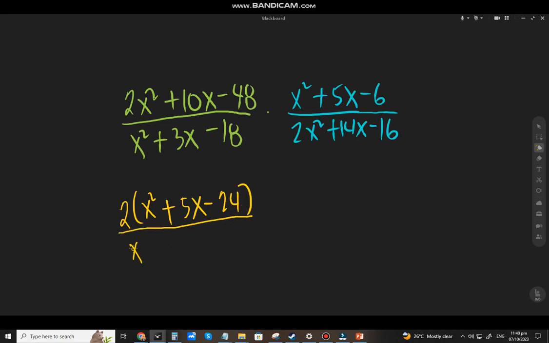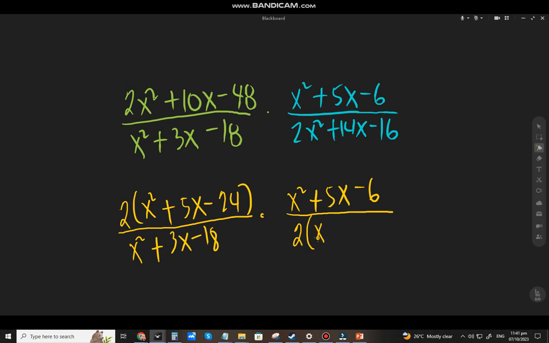And next one, just copy this one first, and the x squared plus 5x minus 6. And for the denominator here, we can see that 2, 14, and 16, the GCF is 2. So we could reduce it, x squared plus 7x minus 8.